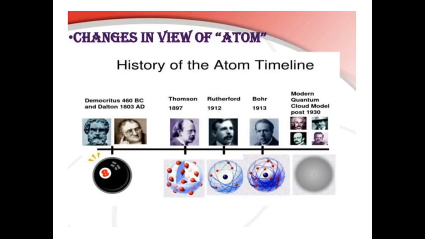Then after Thomson, we have a student of Thomson, Ernest Rutherford, coming up with his own model that modifies the model of Thomson, and was able to give us a better view of how an atom is. And then after that we have Neil Bohr. Neil Bohr was able to substantiate the claims of Rutherford and give a better explanation to it. Then after Neil Bohr, the structure of atom was very clear.